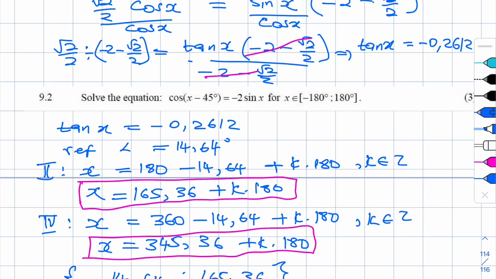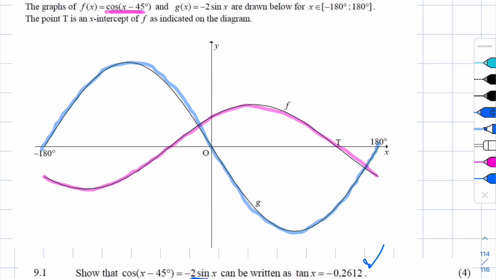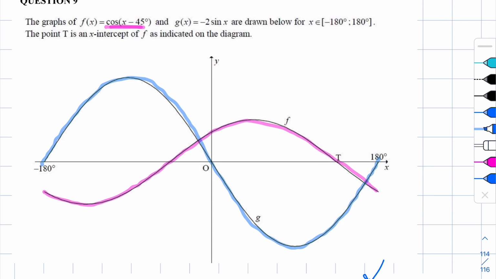Okay, so we can put that on the graph to make our life easy, which means that we have this point of intersection, we have that point of intersection. So the value of x at this point is negative 14.64. And then that's another point of intersection. We know the value of x at that point as 165.36 degrees.